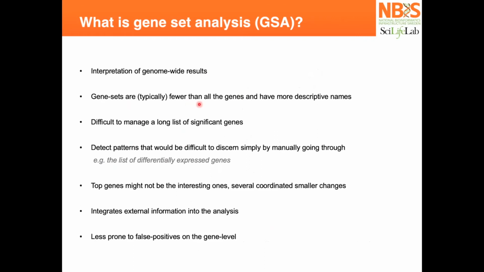And the gene sets are usually fewer than the genes, so it's much easier to have an interpretation. Instead of 20,000 genes, you can set up to 400 pathways, and of course, not all of them will be significant. And of course, it's really hard to find significant genes per se.